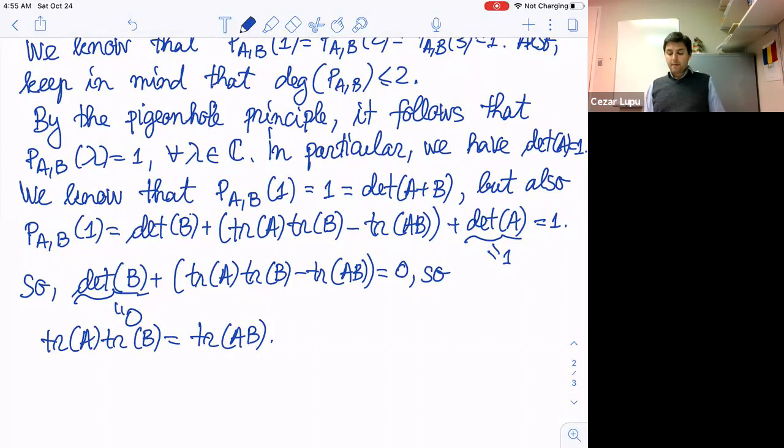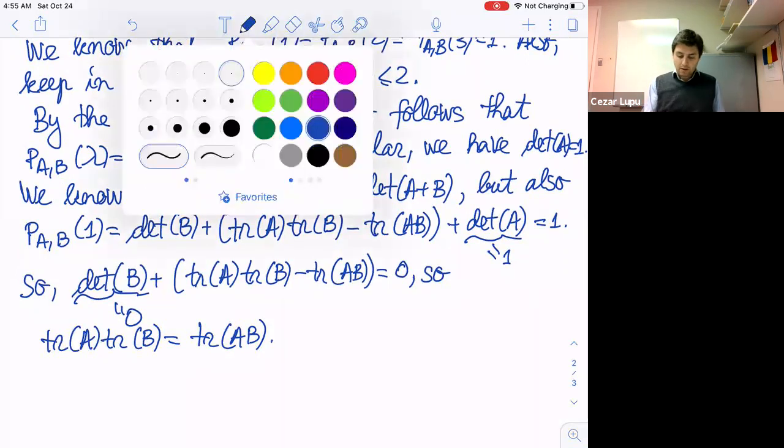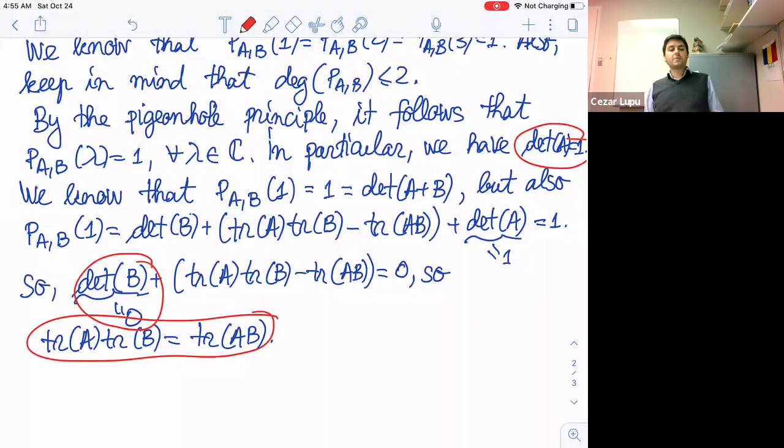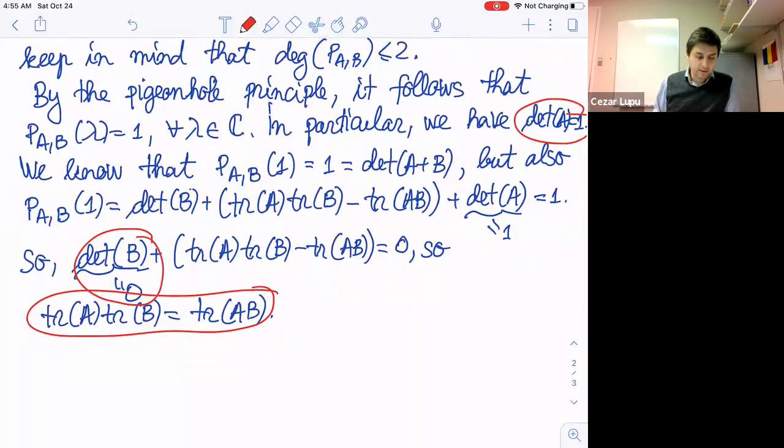Okay, so we have this information. So now we know that the determinant of A is 1, the determinant of B is 0, which is great, and we know also that the trace of A times the trace of B is the same as the trace of AB. And now we would like to prove this. What we're going to do is the following. So let's apply Cayley-Hamilton for both matrices.